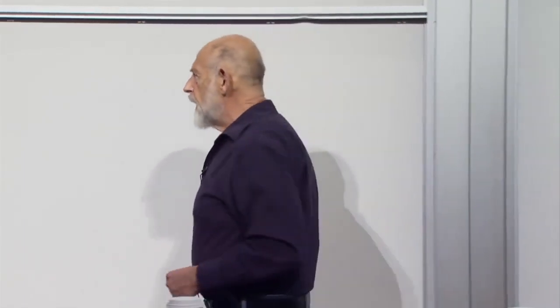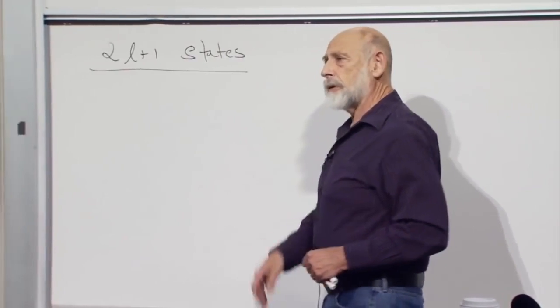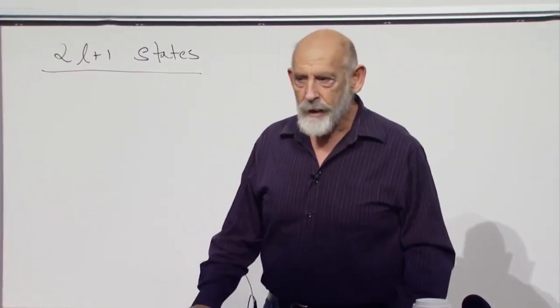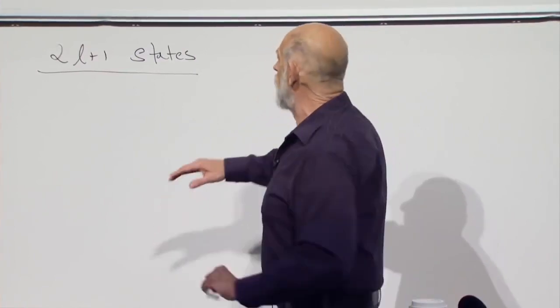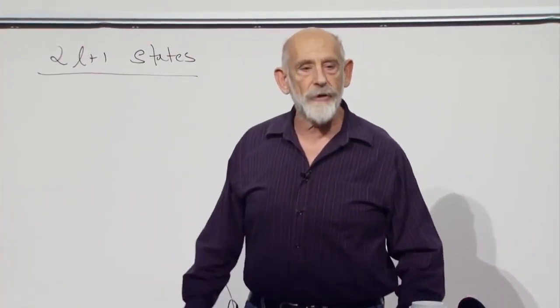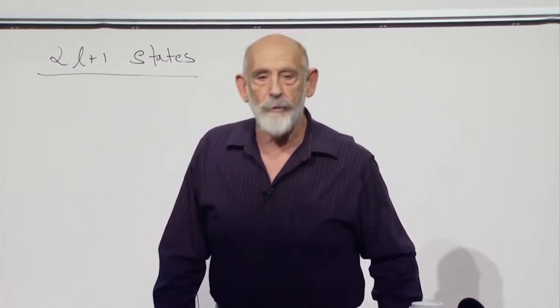Okay, let's do one more little exercise. What characterizes these multiplets? Well, I'll tell you what characterizes these multiplets. It's the magnitude of the angular momentum. All of the states in this 2L plus 1 collection have the same value of the magnitude of the angular momentum.